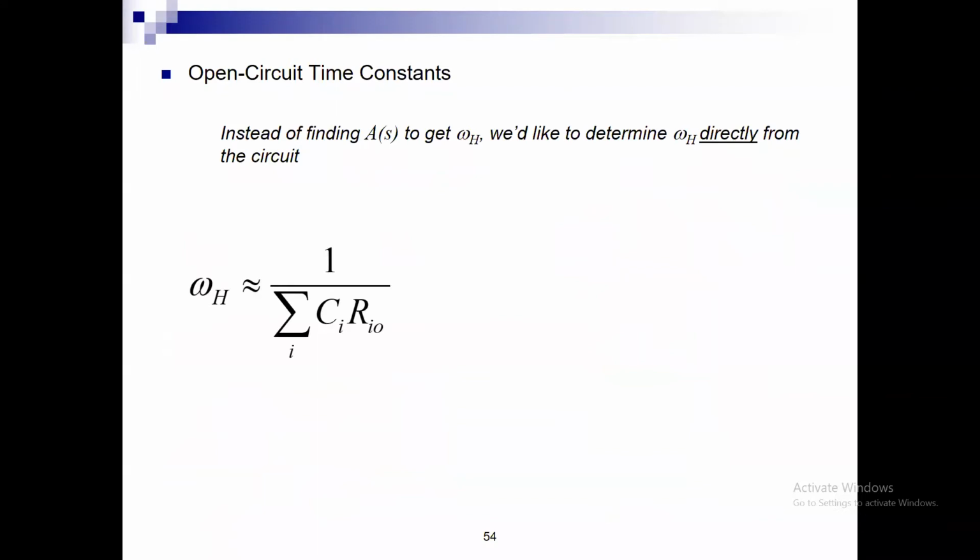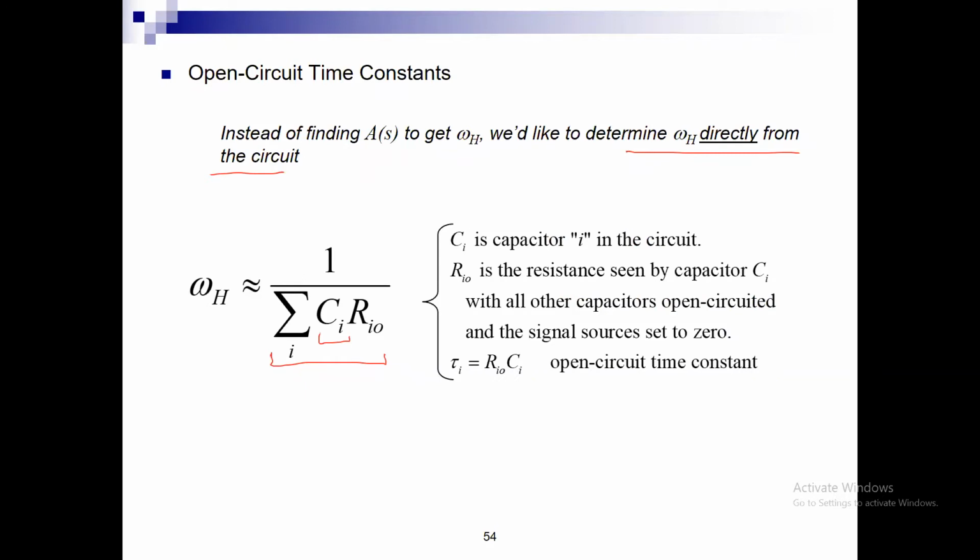So to determine the 3 dB frequency directly from the circuit, we approximate it as 1 over the summation of the different time constants. If I have 5 capacitors in the circuit, I will have 5 time constants. Each Ci is a capacitor in the circuit.